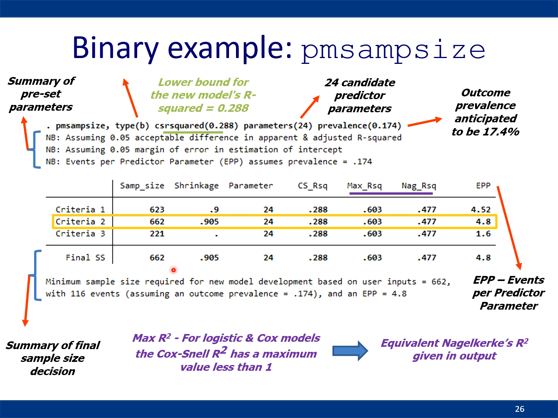We can also see that this leads to a slightly higher shrinkage of 0.905. And finally, we can see down here that based on the prevalence inputs, we're expecting an EPP of 4.8, and we expect to require 116 events.